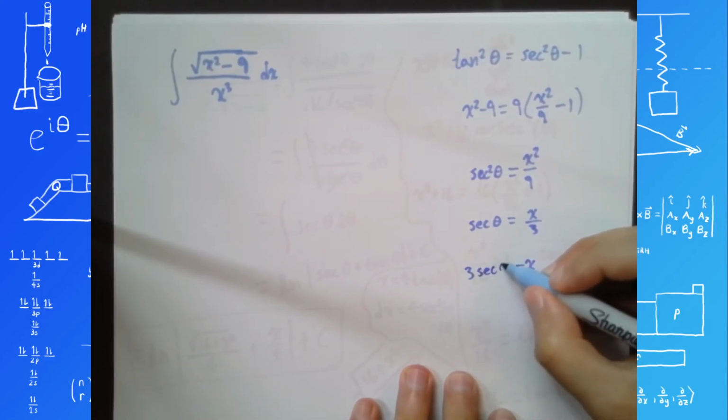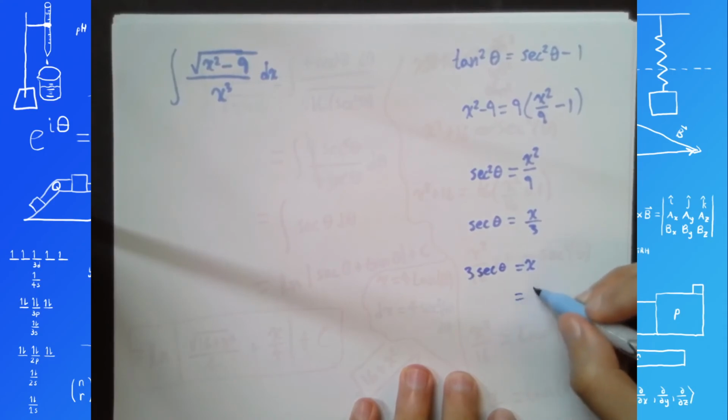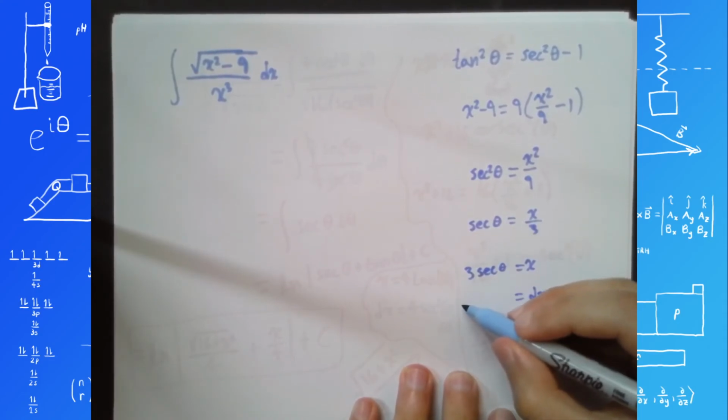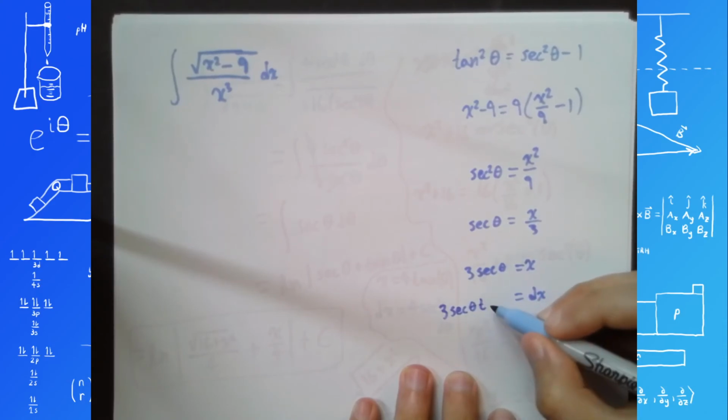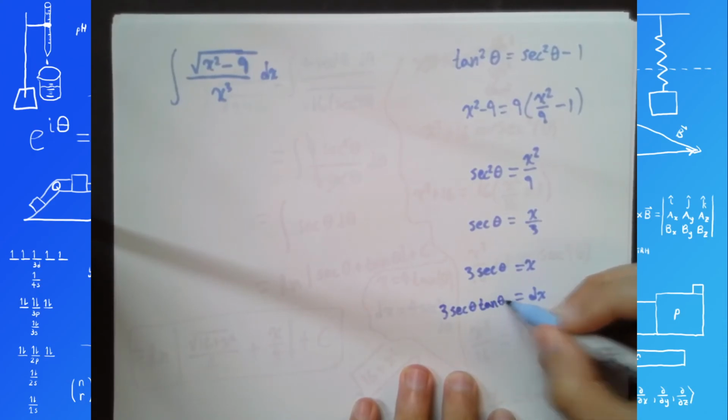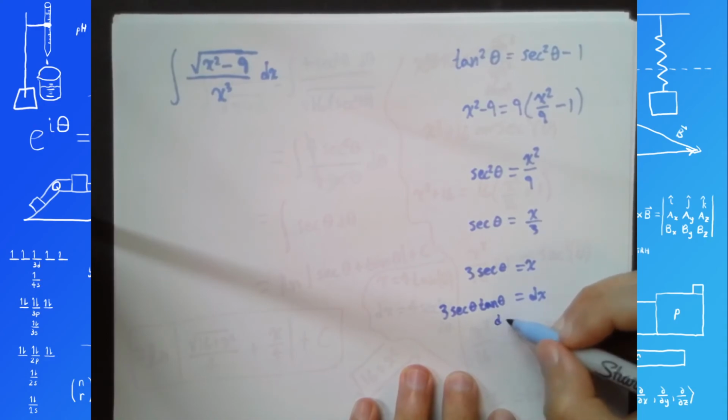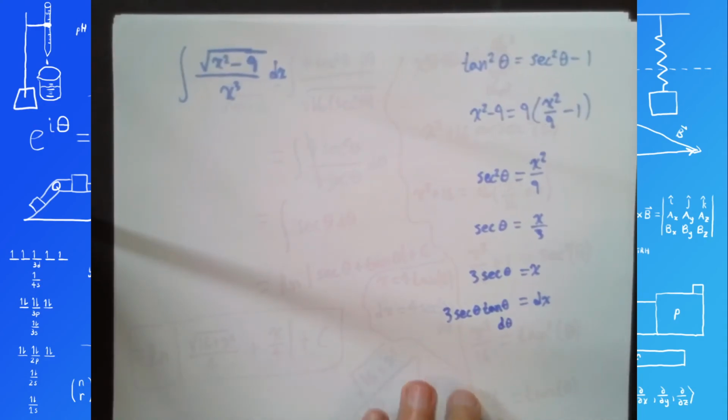And if I differentiate, then I get dx equals 3 secant theta tangent theta d theta. All right, I think that's everything we need.